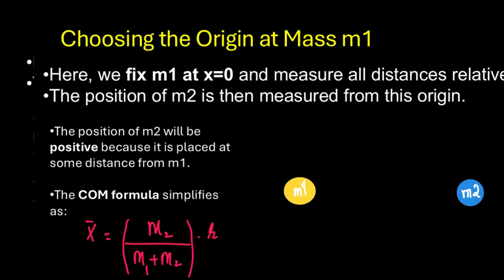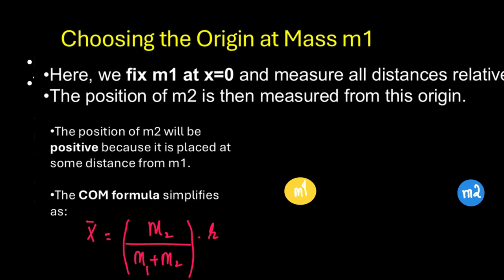If we place m1 at the origin, which means if you keep it like this, then we have m1, the center of mass, and m2 along the x-axis, where m1 is placed at the origin. And then we are supposed to find out the center of mass.